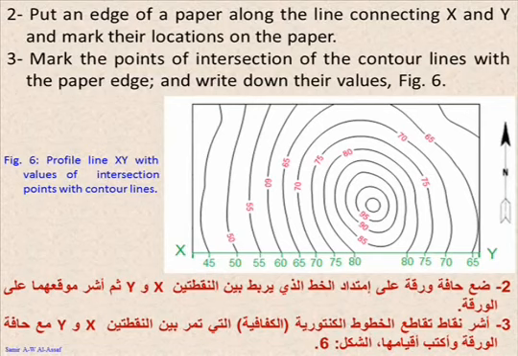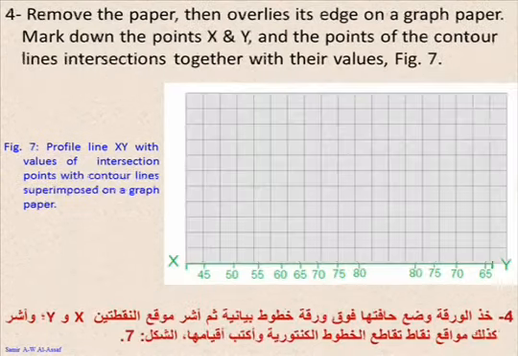Mark the points of intersection of the contour lines with the paper edge and write down their values. Figure 6. 4. Remove the paper, then overlay its edge on a graph paper. Mark down the points X and Y and the points of the contour lines intersection together with their values. Figure 7.